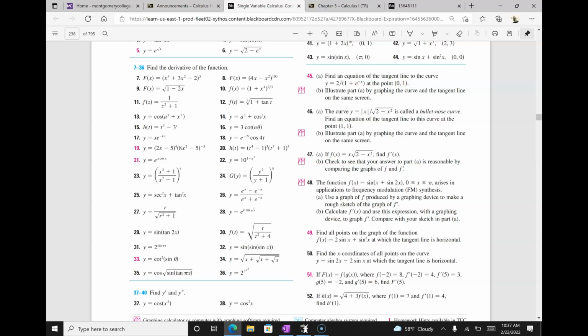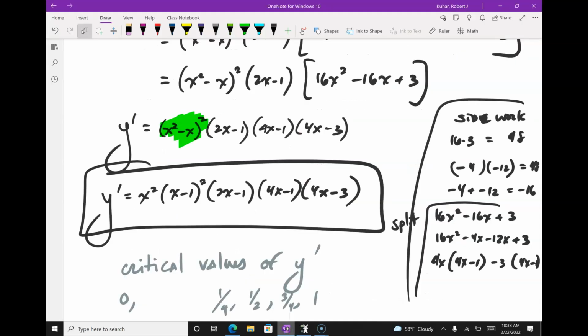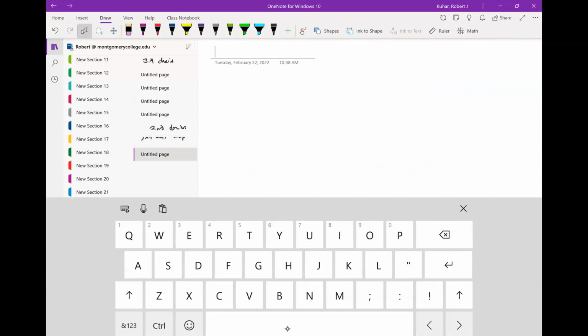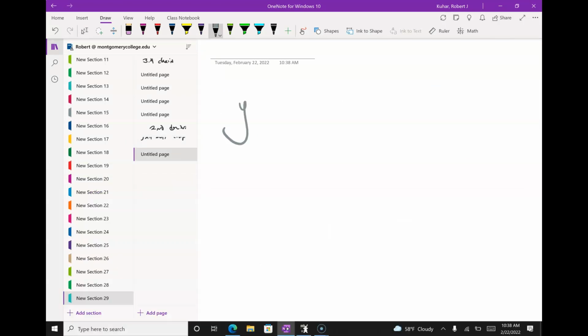Let's do 23. So some quantity cubed, right? And then the inside is x squared plus 1 over x squared minus 1. Anybody need another minute? I'm going to write it down so you can finish copying off of mine if you're still writing. So I've got y equals quantity cubed, and I had x squared plus 1 over x squared minus 1.